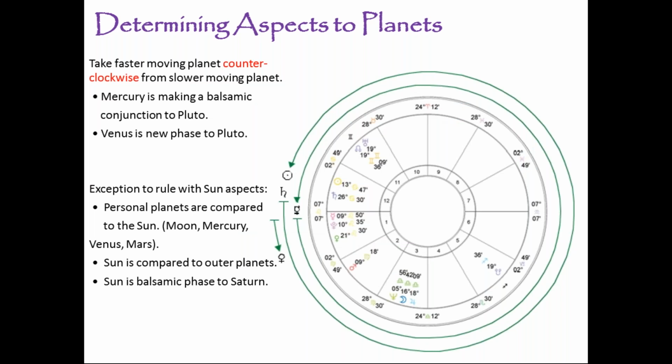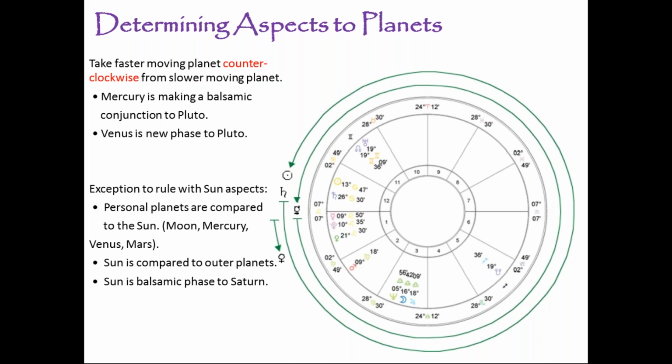So, basics, determining aspects to the planets. In evolutionary astrology, we always start with the slower moving planet, and we move the faster moving planet counterclockwise, reversing through signs and houses until we get to where that faster moving planet is, and we see their phasal relationship and any specific aspect they may make.